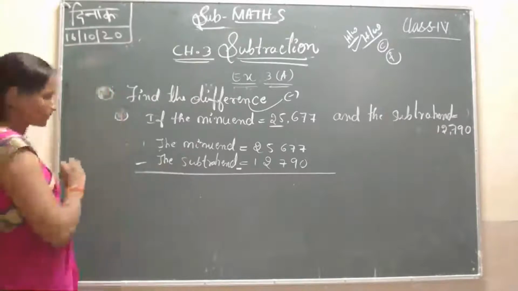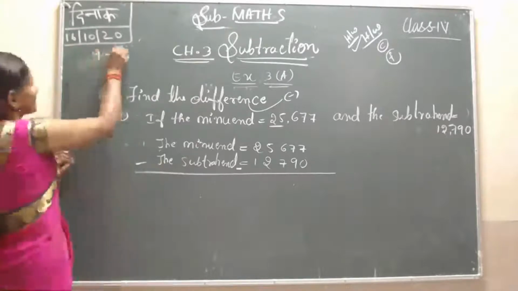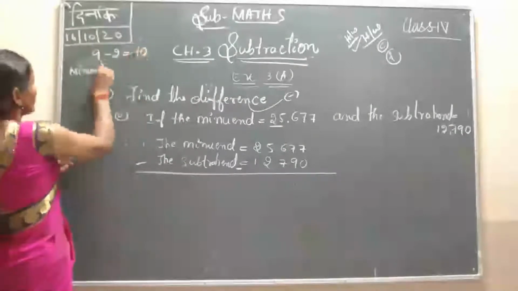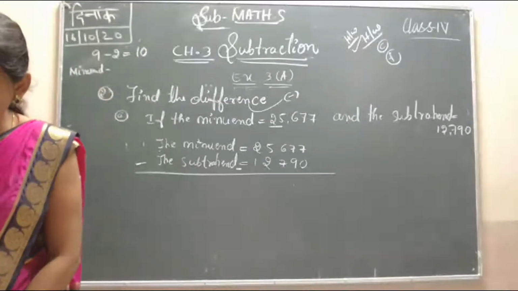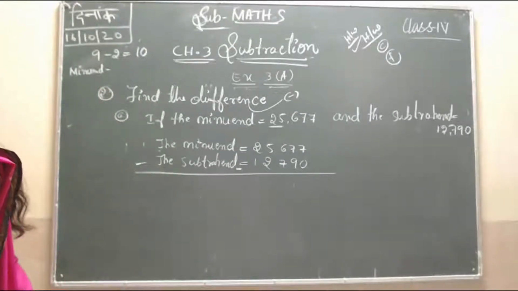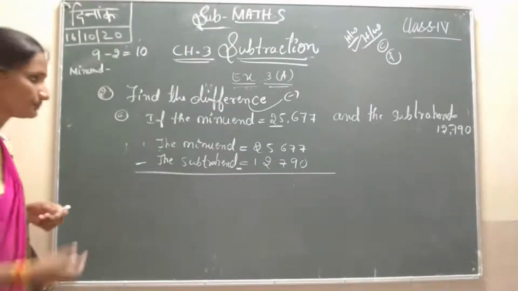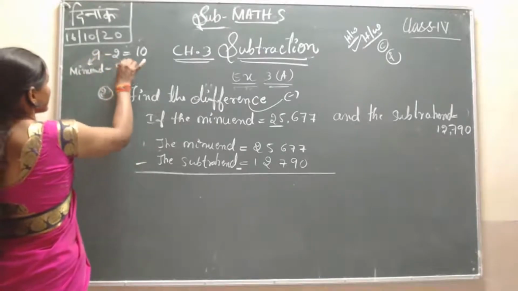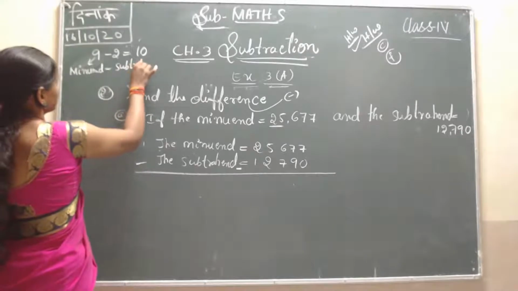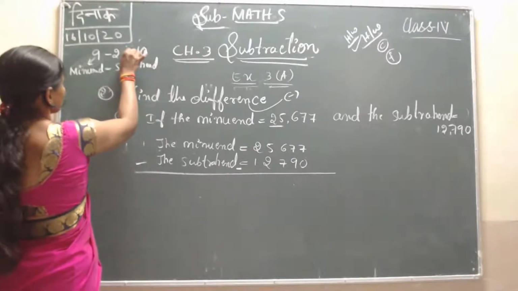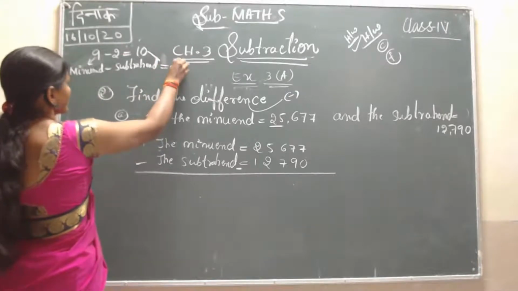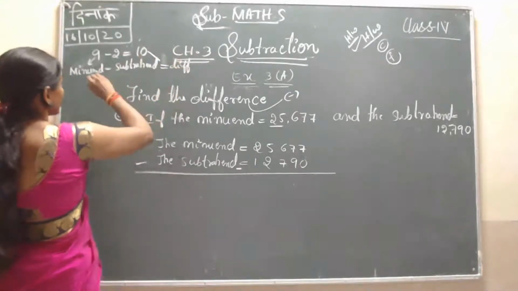So 9 minus 2, how do you take this minuend minus subtrahend. So this is a minuend, this is a subtrahend. Students, you know this is what? So that is equal to difference. Yes, this is a difference.